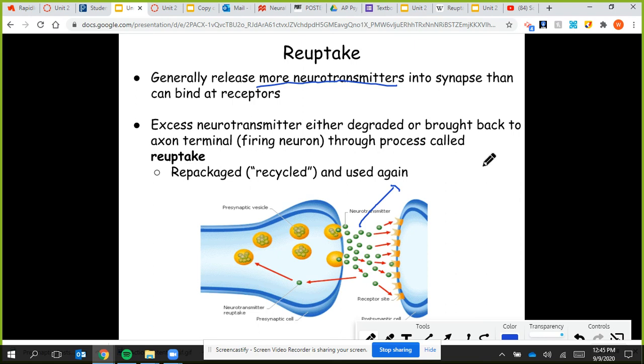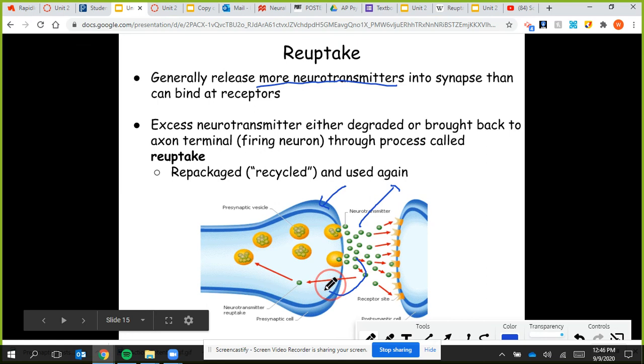But some of them, the firing neuron, the axon terminal, this one right here, is going to suck back up and recycle them to be used again. This is called reuptake. Reuptake is taking back up excess neurotransmitters.